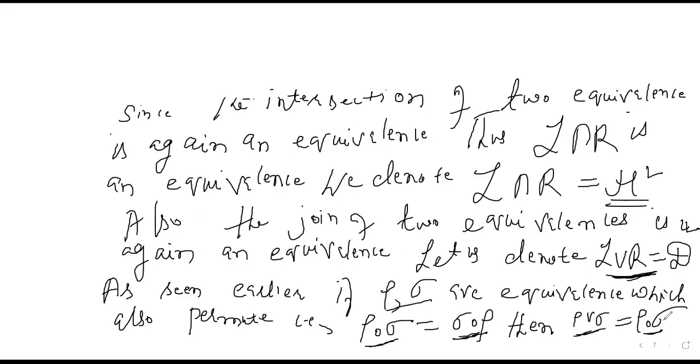And we know that the composition is easy to handle, because if you have any two relations, their composition is easy to handle as compared to handling their join. So we are lucky enough that in our case, इस केस में L और R permute, means L composition R is same as R composition L. तो उस केस में जो इनका जॉइन है D, D is nothing but their composition and we could easily handle this D. Okay, so this is what actually our next result is.